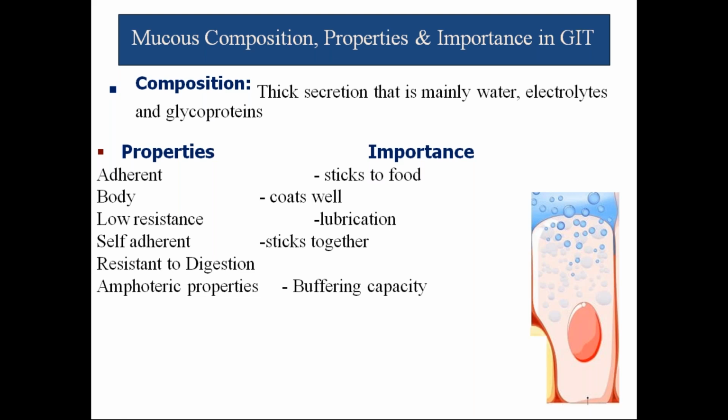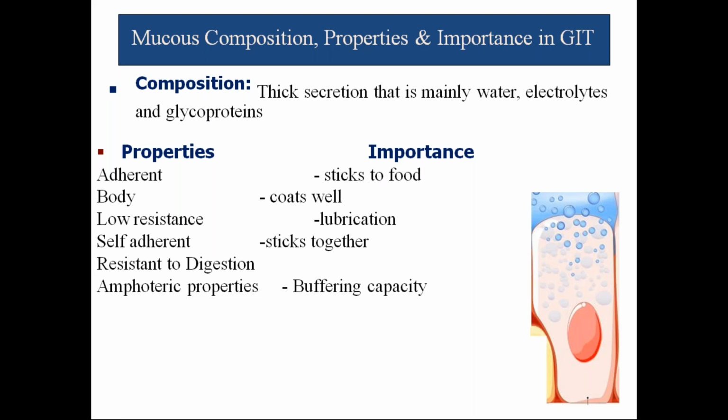Self-adherent, of course, is the same as adherent: they adhere to one another. This is more important when we talk about the feces. It helps in sticking together of the fecal particles, right? So self-adherent mucus particles help in sticking together and they play a role in the adherence of the fecal particles.